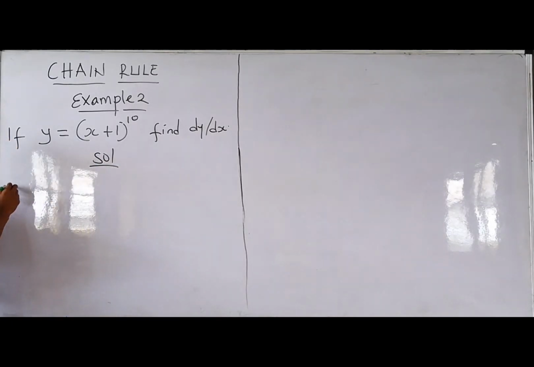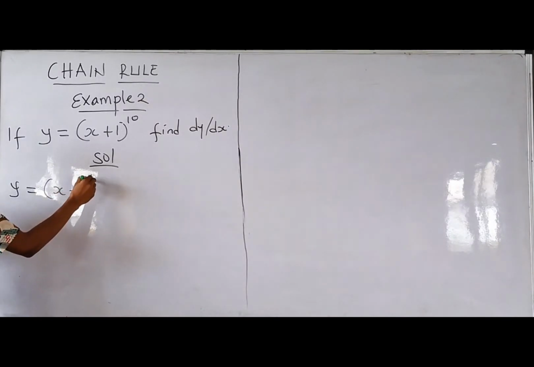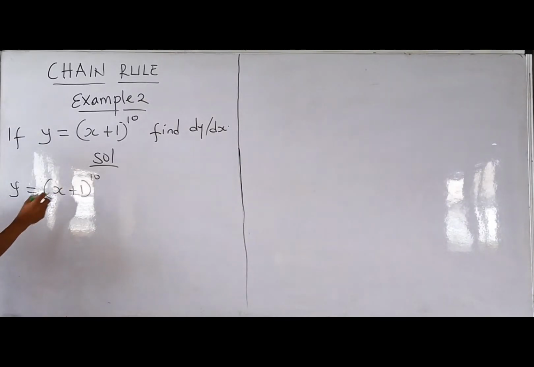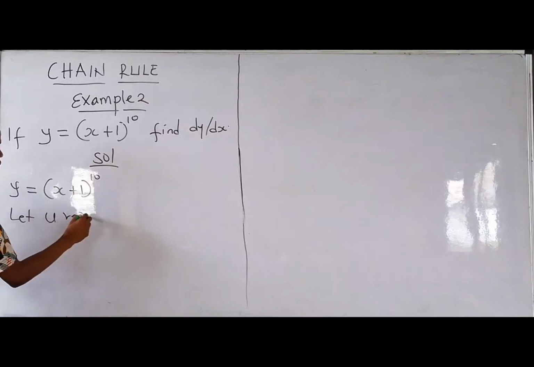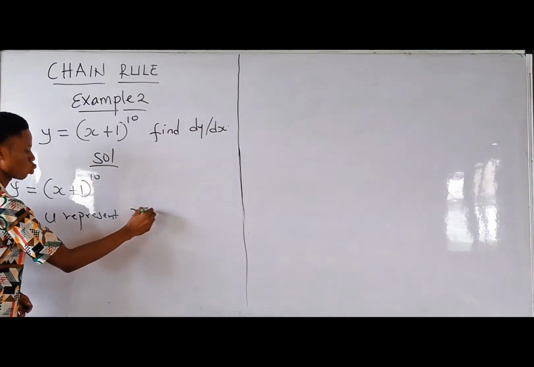we are given that y is equal to x plus 1 all raised to power 10. Good. The first thing is, use a dummy variable to represent anything in the bracket. I like using u. So we can say let u represent x plus 1.